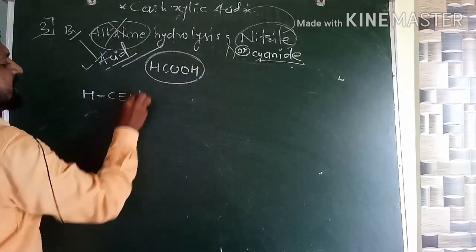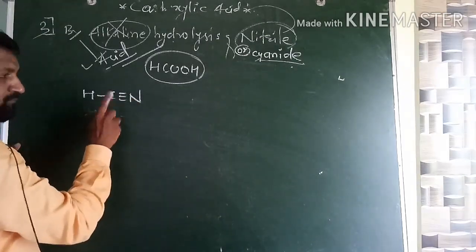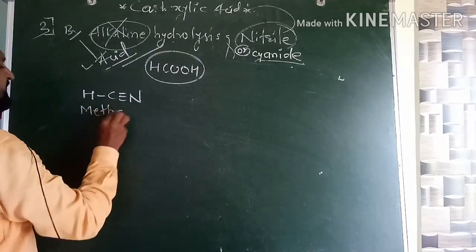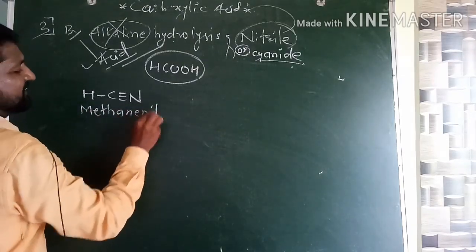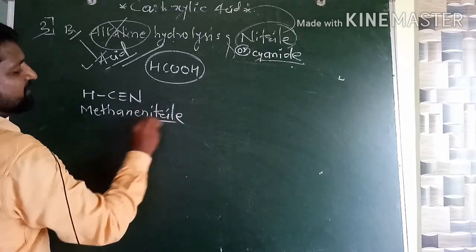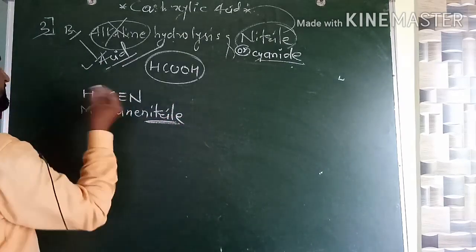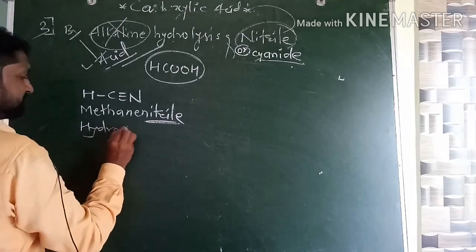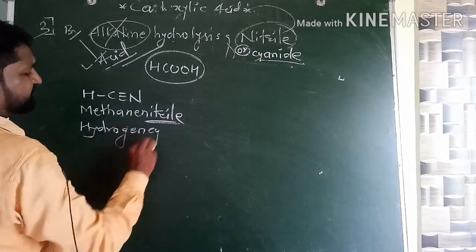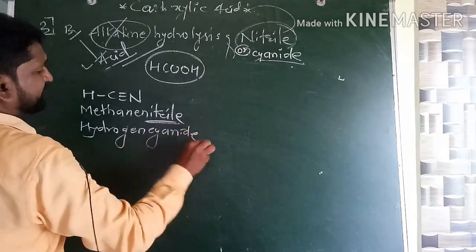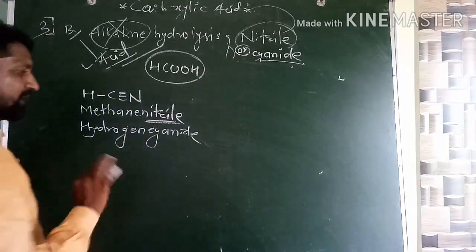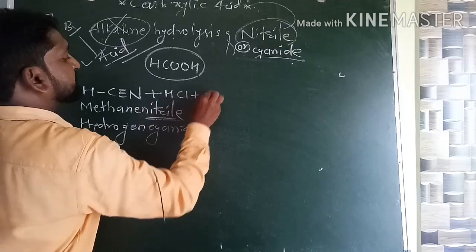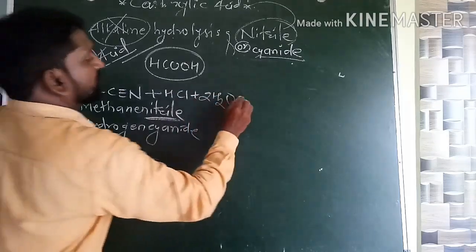Take, I hope everybody knows this name. Okay, what is this? Methane nitrile. Whenever nitrile is there, that is the IUPAC name. What is the common name? Hydrogen cyanide, plus HCl plus twice H2O.